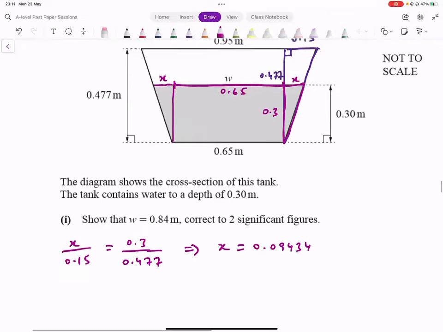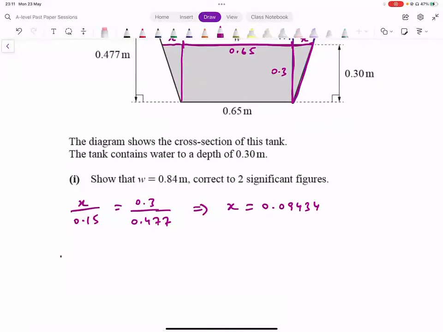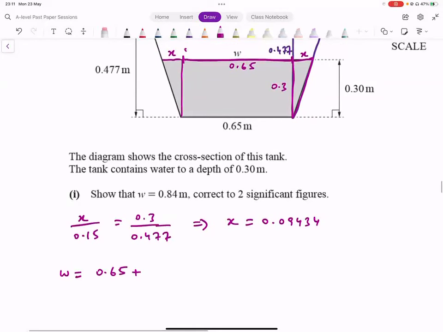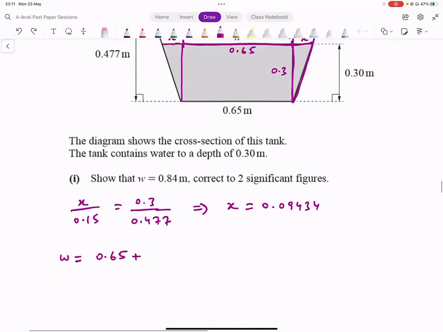तो W कैसे आ जाएगा? W is going to be 0.65 plus 2 times X because we've got one X here and another X here and दोनों X's को add करना है. अब 2 से multiply कर दें या 0.09434 दो दफा add कर लें, that's your choice.